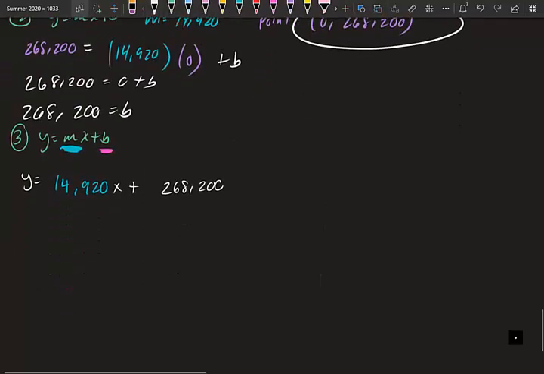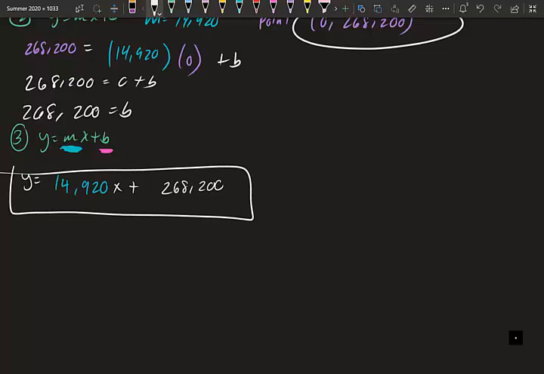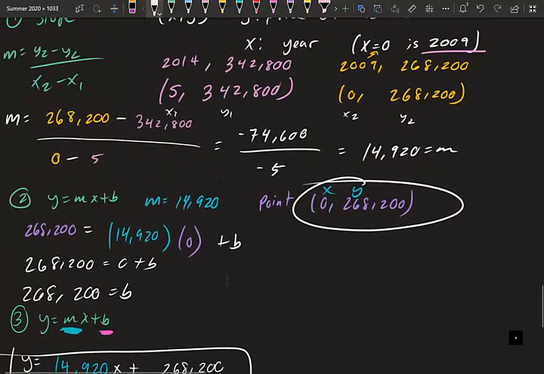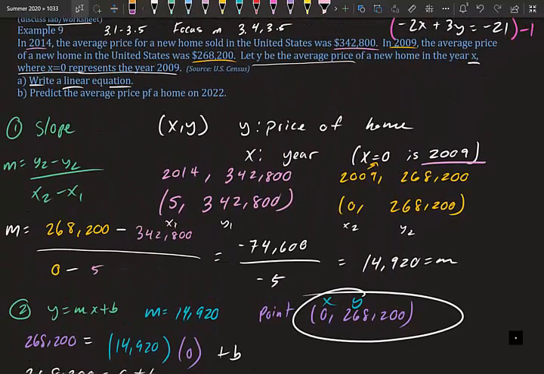So we plug in m, we plug in b, we have y equals 14,920x plus 268,200. I have a hard time saying big numbers because of something that happened when I was a kid in the 4th grade. Anyways, $268,200. Awesome.